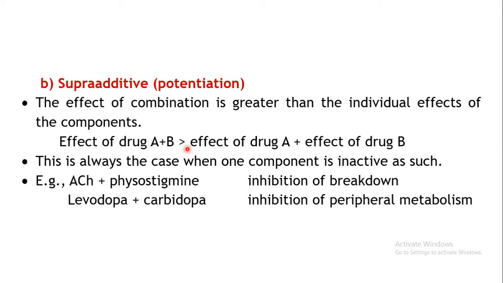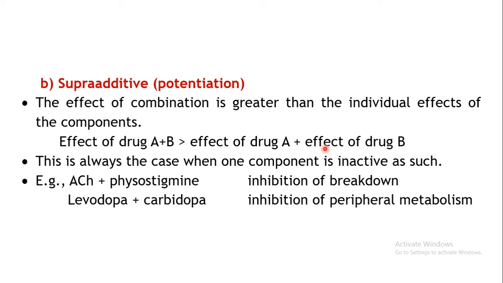In the earlier case, additive, they simply add up. But here, when these two are combined together, the effect is greater than the simple addition of the effects of the two drugs.